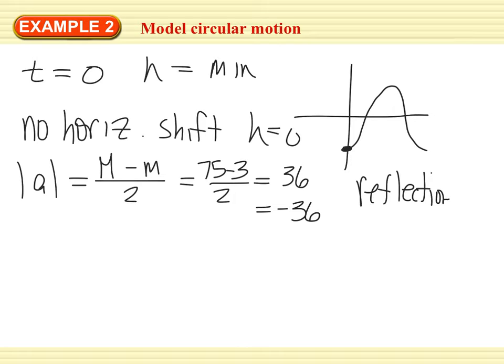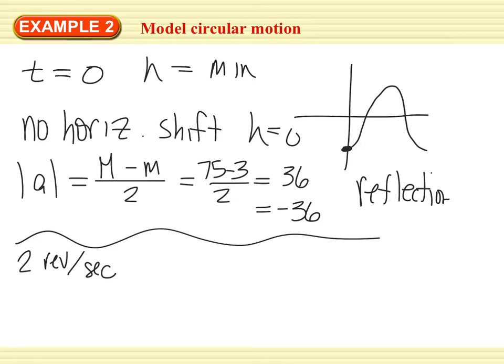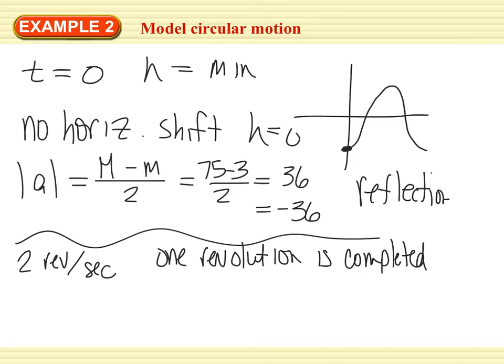Okay? Going back to the paragraph, it says the rope is rotating at a rate of 2 revolutions per second. So 1 revolution is completed in 0.5 seconds.